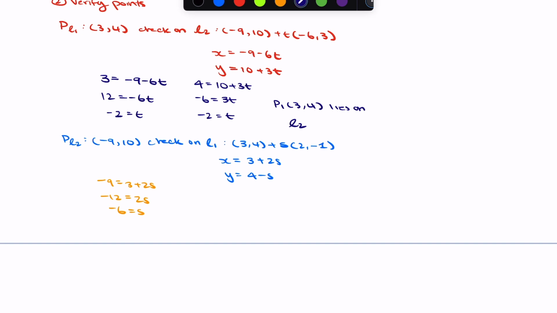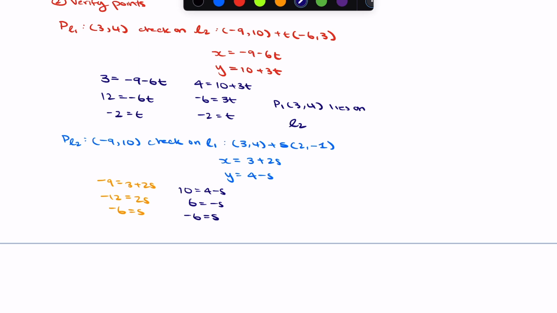And then also here we have 10 is equal to 4 minus s. 6 is equal to -s. -6 is equal to s.